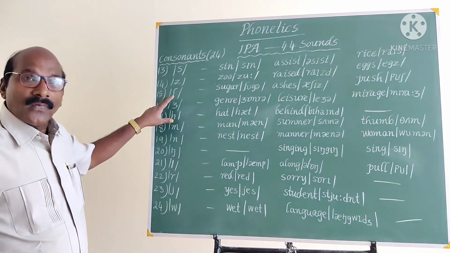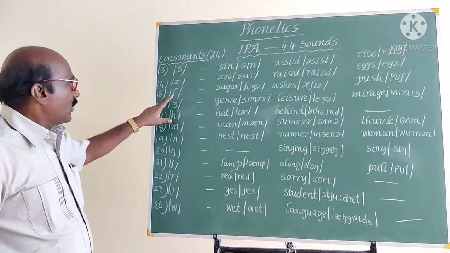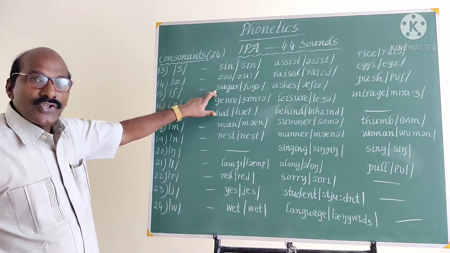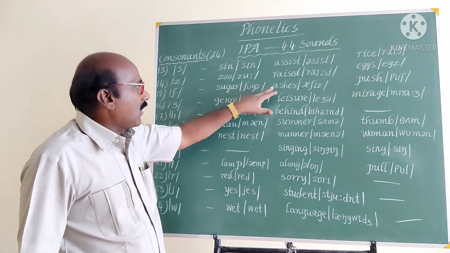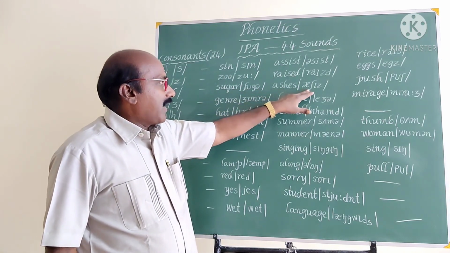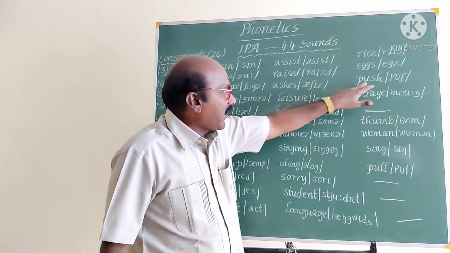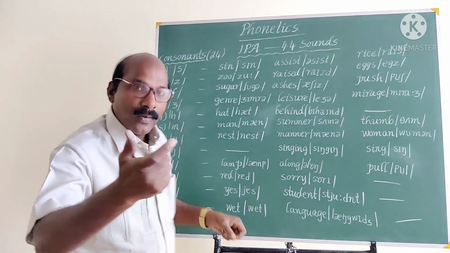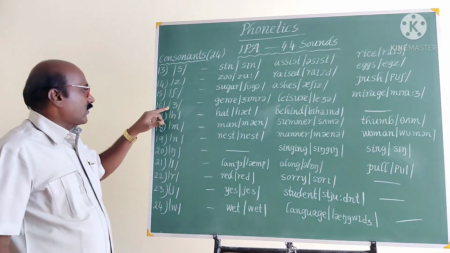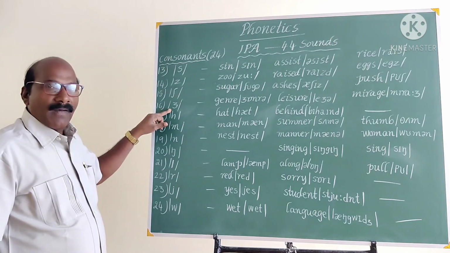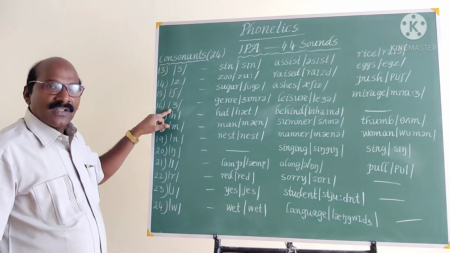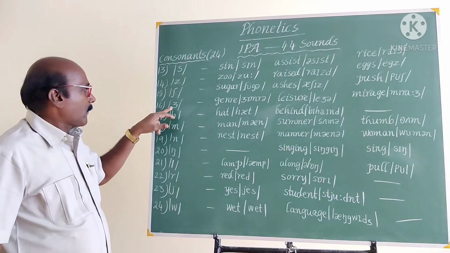And this is the sound of sh, as in sugar, medially as in ashes, and finally as in push. And this is the sound of zh. Very rarely we use it in other languages also.